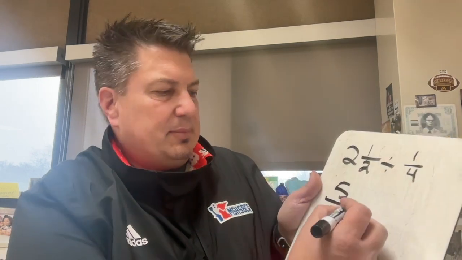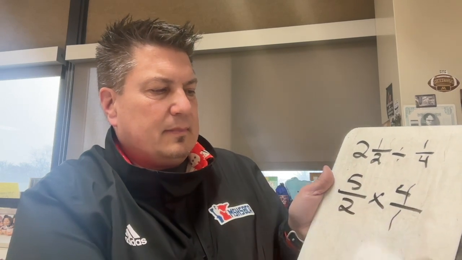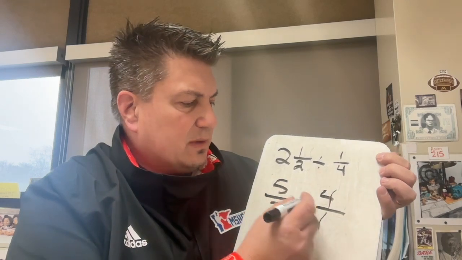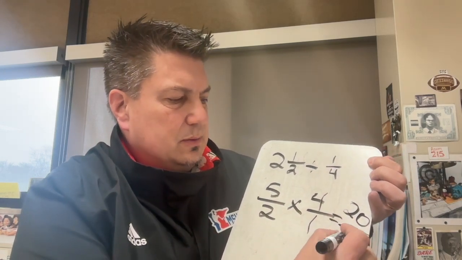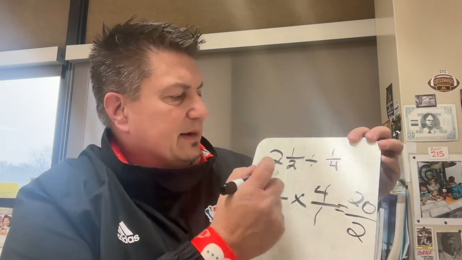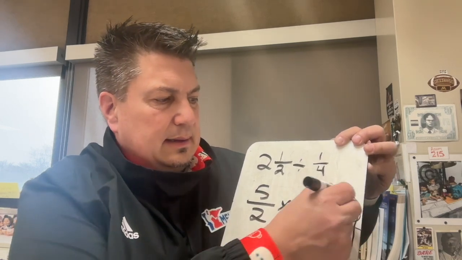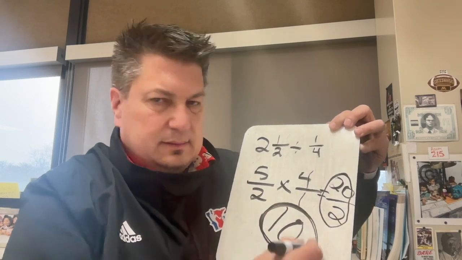I have 5/2, and then I need to flip to get my equation to work properly so I can multiply across. 4 times 5 is 20. 2 times 1 is 2. So out of 2.5, if I'm looking for groupings of 1/4, I can get 10 of those groupings.